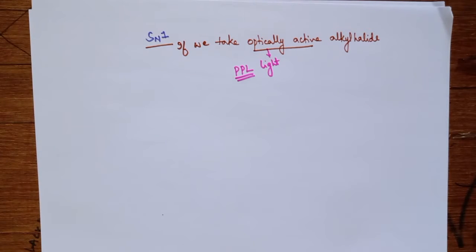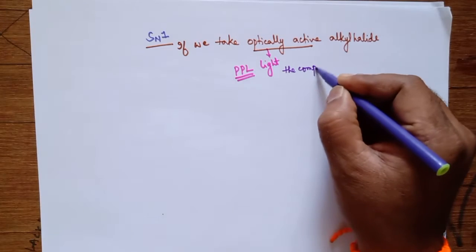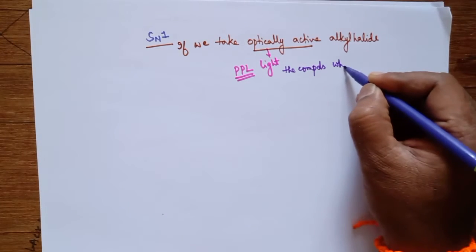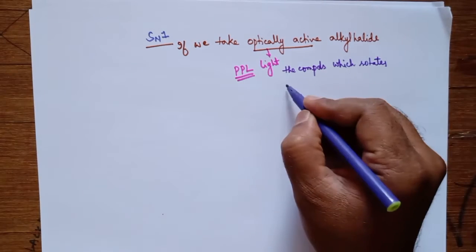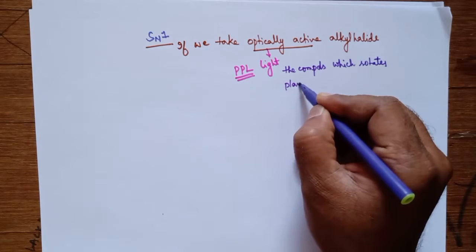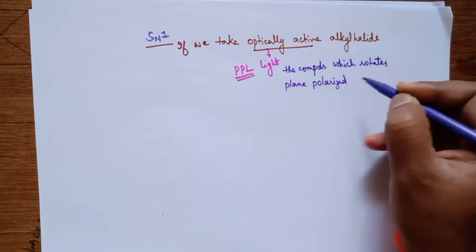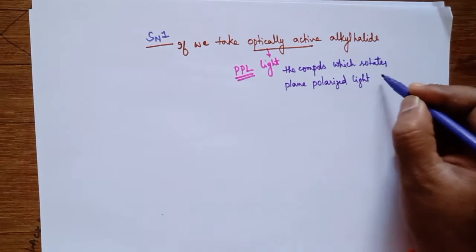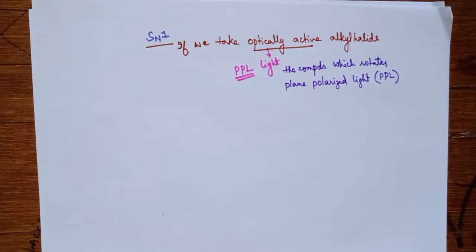The compounds which rotate the plane polarized light, those compounds we generally call optically active compounds.